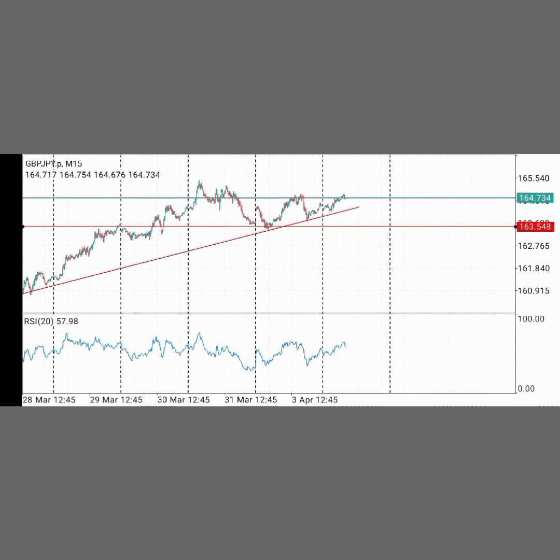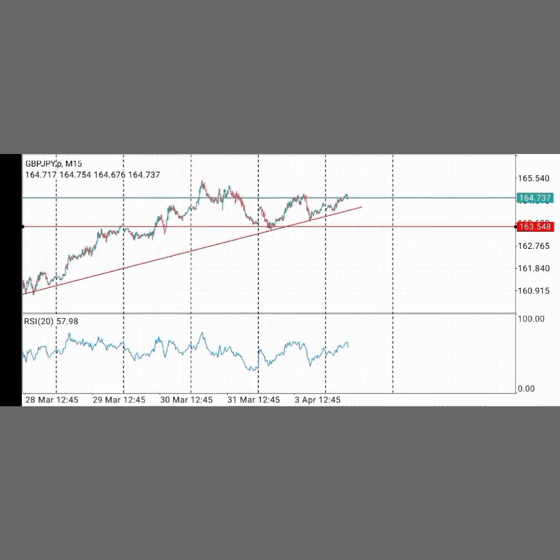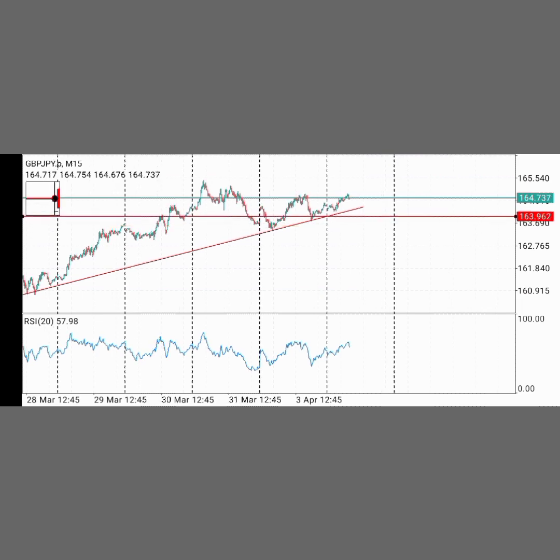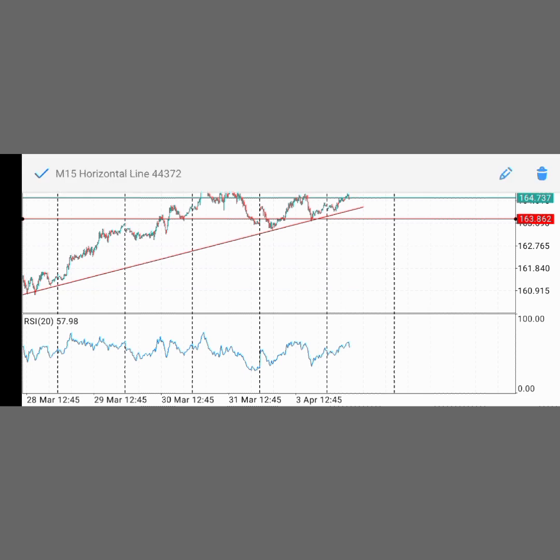So if price comes and goes down beyond this place, then it will have invalidated your trading setup. Or you can also use the relative strength index, the RSI, to put on your exits.